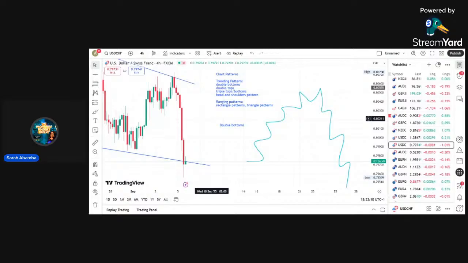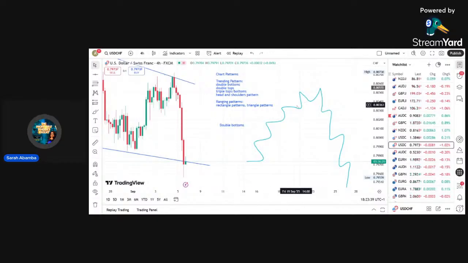So today we'll be looking at the patterns that indicate a trending market and the ones that indicate a ranging market. For the trending patterns, we have double bottoms, double tops, triple tops and bottoms, then the head and shoulders pattern. Those are the patterns for the trending market. Then for the ranging market, we have rectangle patterns and triangle patterns.